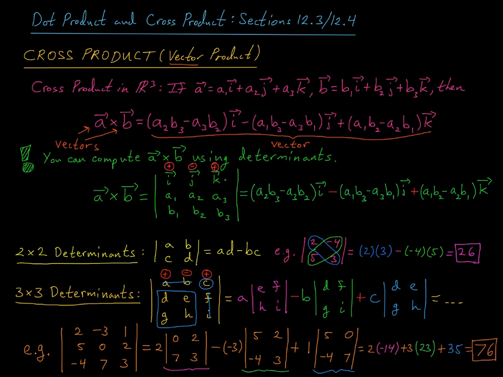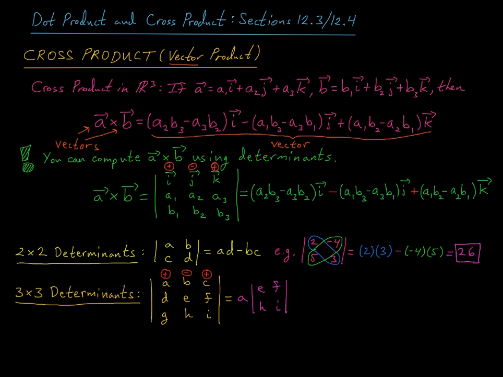And then finally plus k, which is right here, and its coefficient is found by taking the 2 by 2 determinant obtained by deleting out row 1 and column 3. So A1B2 minus A2B1, and again that agrees with what I had in that above definition. All right, great. So now let's go ahead and look at an example.